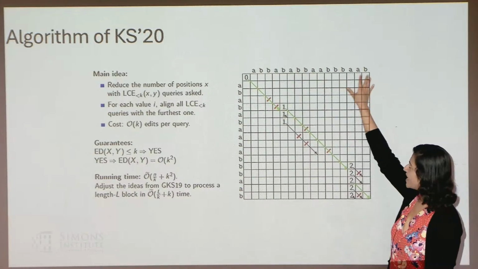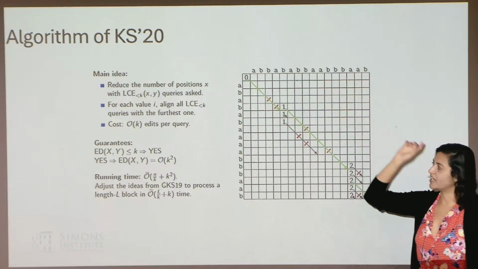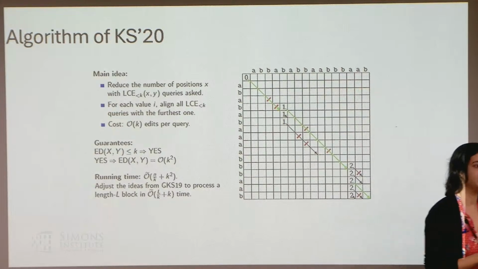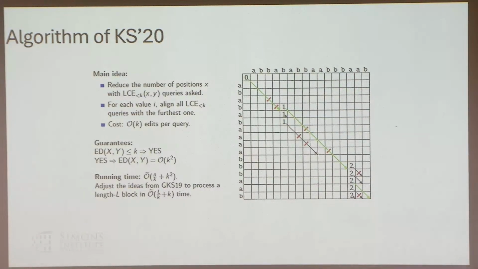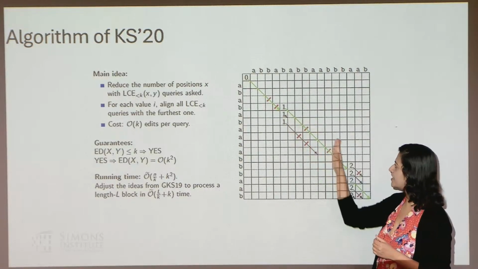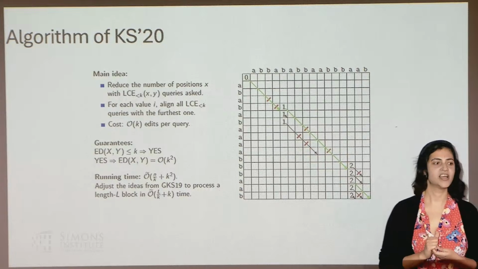Periodicity check can be done just over the strings, but in order to find the periodic pattern, you are doing this local k query complexity per LC query, and that gives you the polynomial dependency on k. And we get this n over k plus k squared because we have been able to reduce the number of LC computations to order of.